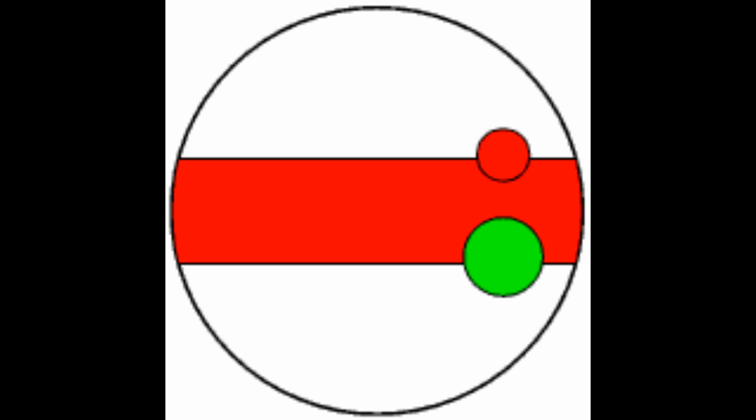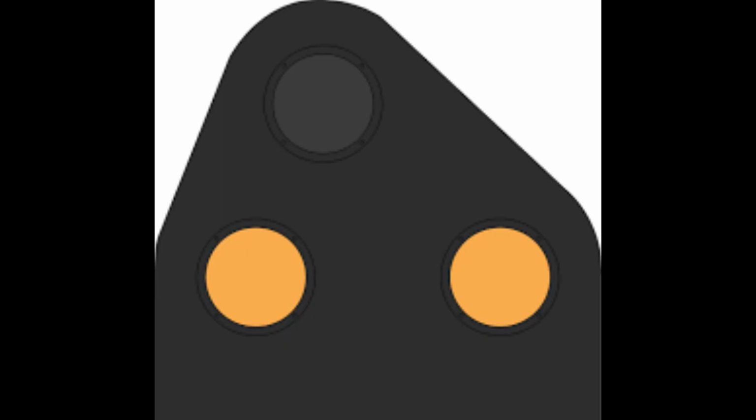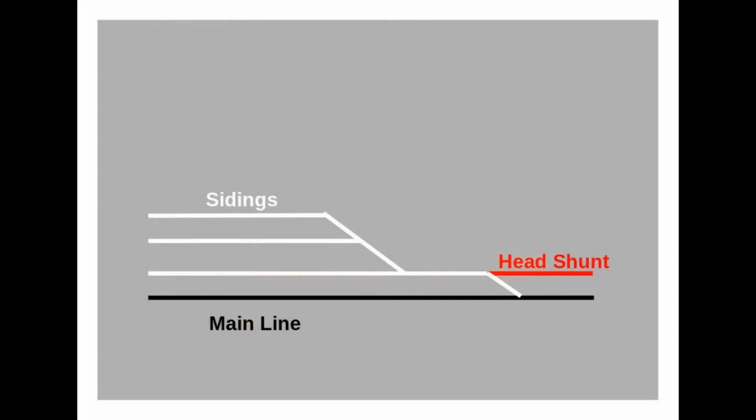So when they're on, if it's a red and a white or two reds, it means stop. And when it's displaying two whites, it means we can go at caution. And likewise, the yellow and the white, or the two yellows, means that you can pass it at caution, but only if you're going into the head shunt or into sidings. And if that one's displaying two whites, you can proceed towards the main line.